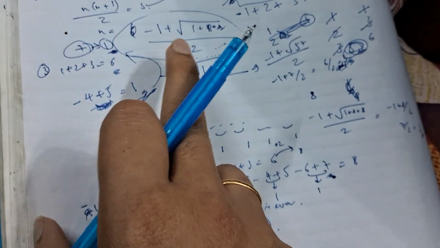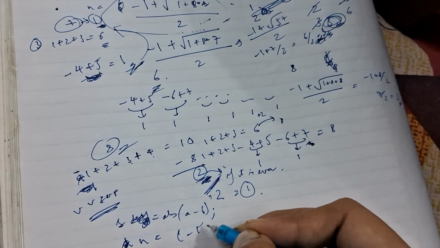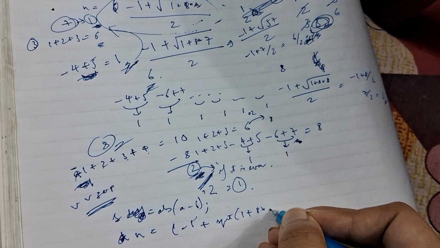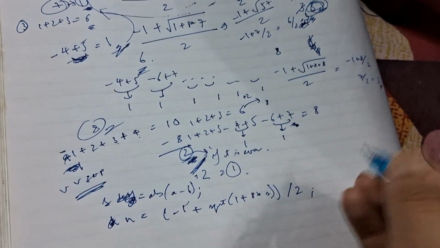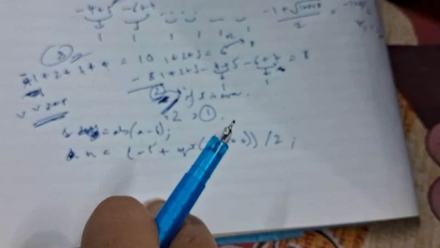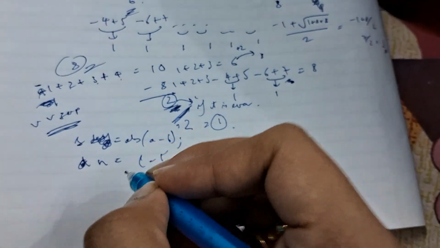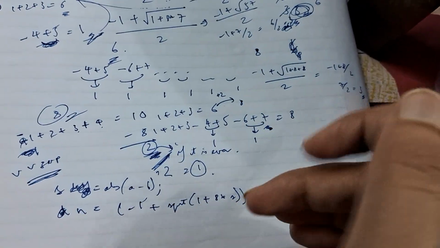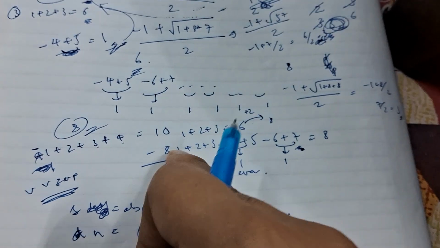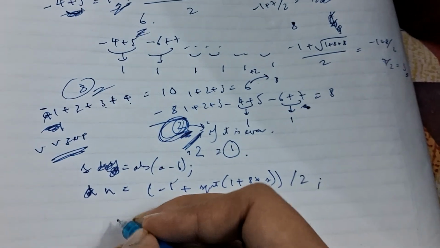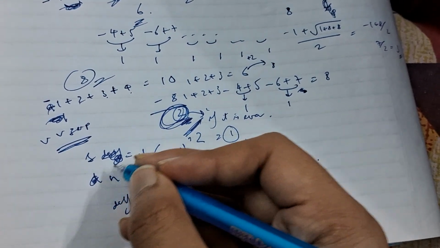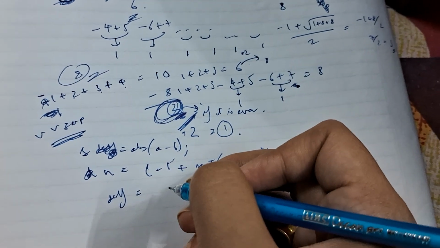So n is basically minus 1 plus square root of 1 plus 8 into s by 2. You get n. Now once you have got n, you have to find the difference. I was explaining the 10 minus 8 thing, right? Yes, this difference thing. So the difference is equal to whatever s is and then n, right?